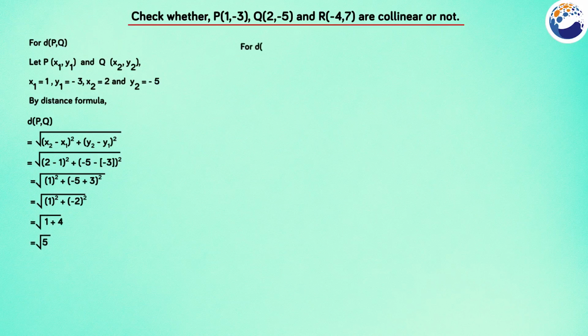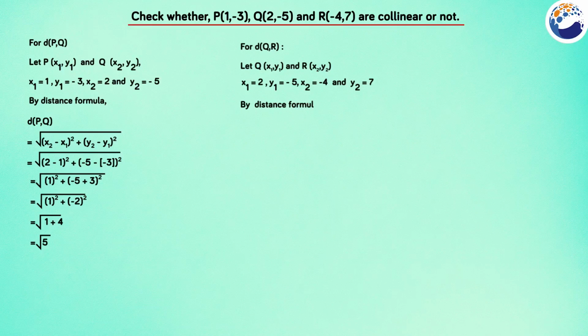Now for distance QR, let coordinates of Q be x1, y1 and R be x2, y2. x1 is equal to 2, y1 is equal to minus 5, x2 is equal to minus 4, y2 is equal to 7.